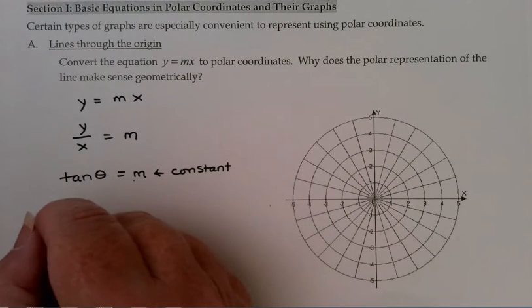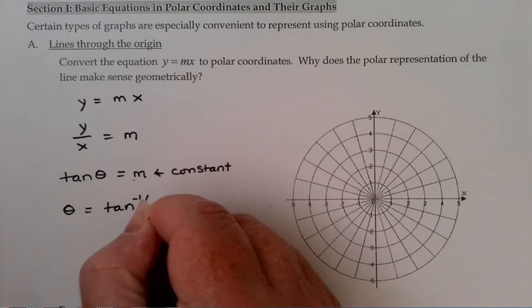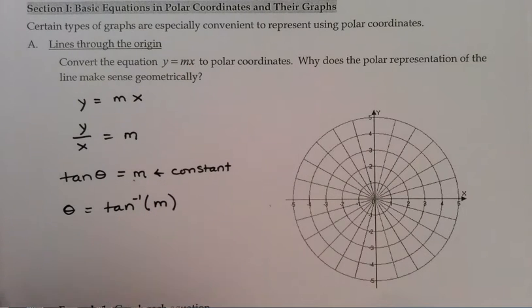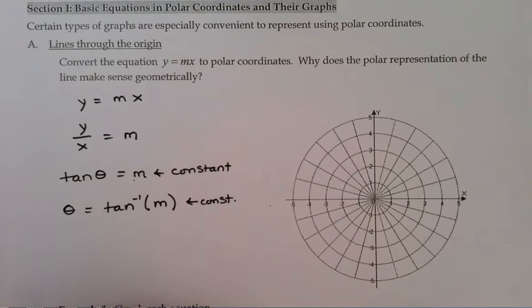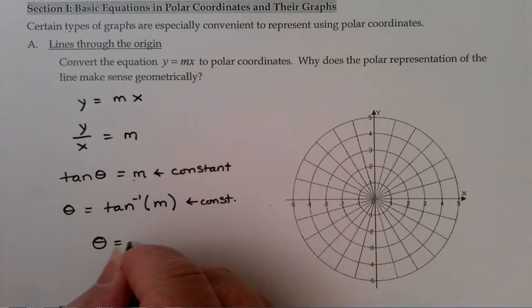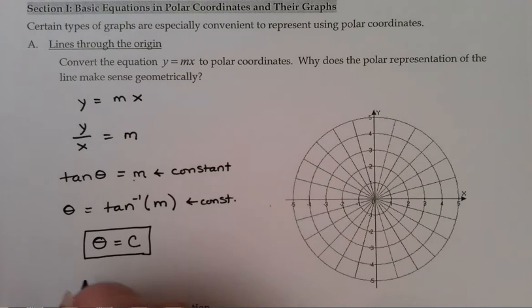Well, that means that theta would be the inverse tangent of that constant, which again is a constant. So if you have theta equals some constant, that is a line through the origin.